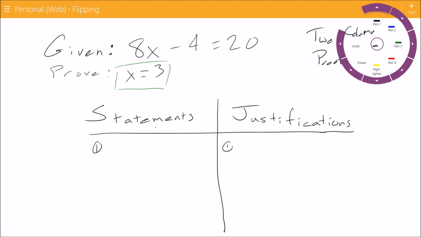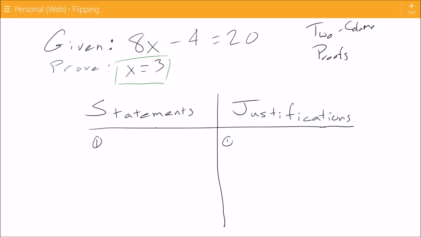A solution is great, but you should always be able to explain how you reached your solution, and we will do that here. So the first thing in any two-column proof is you have to put down your givens. In this case, we are given this equation.